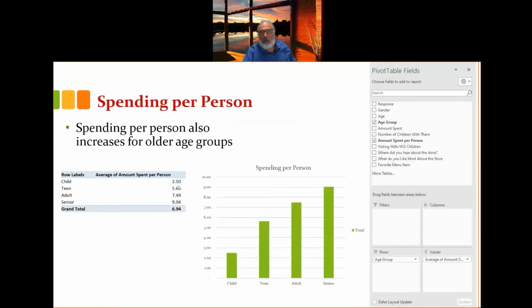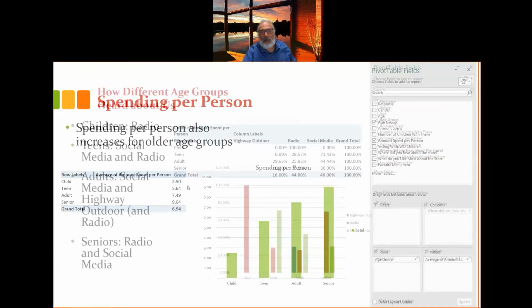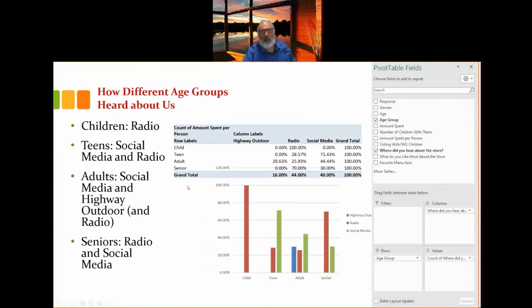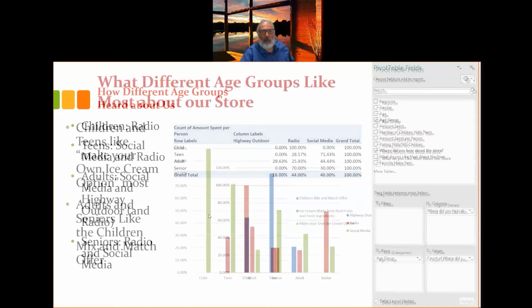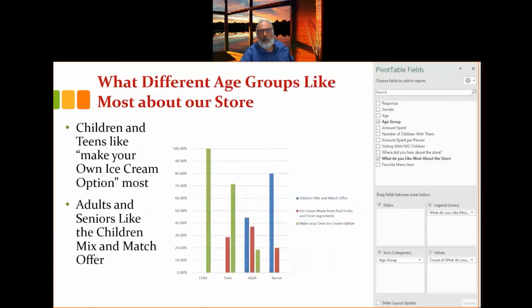So we can just see that using multivariate analysis with pivot tables, it is quite easy to quickly analyze our data and try to reveal some of the differences between different age groups or different genders, and what they like most about our store, or where they heard about us and things like that.